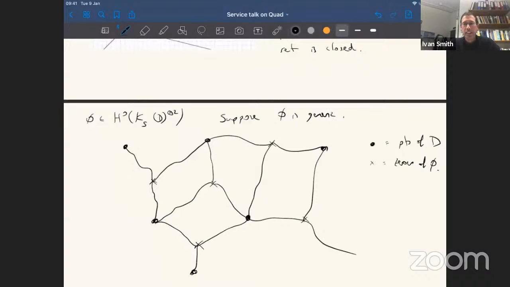Okay. So I cut my surface up into these regions that look like rather standard strips. They're conformally equivalent to some strip in the complex plane, the region between two parallel lines. Okay?